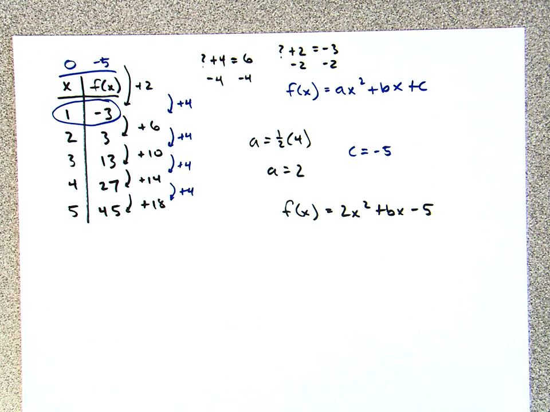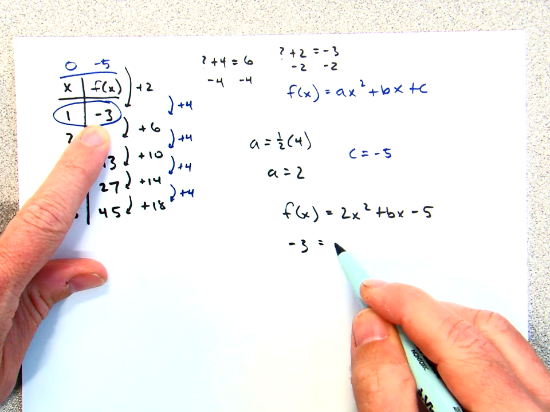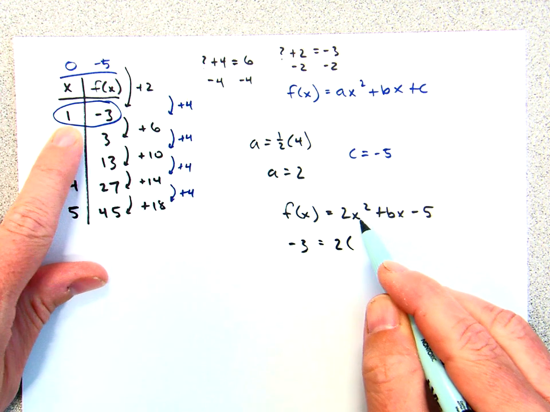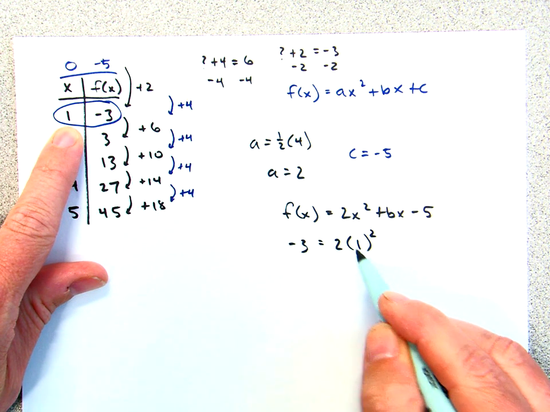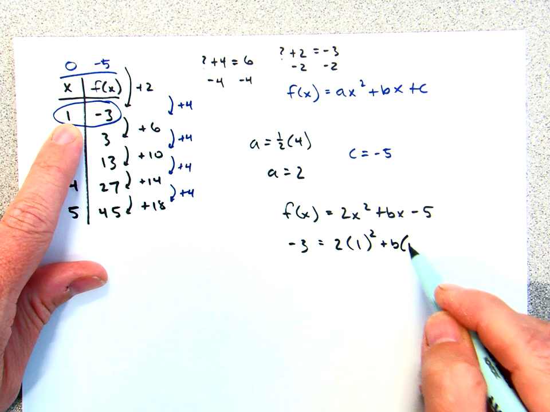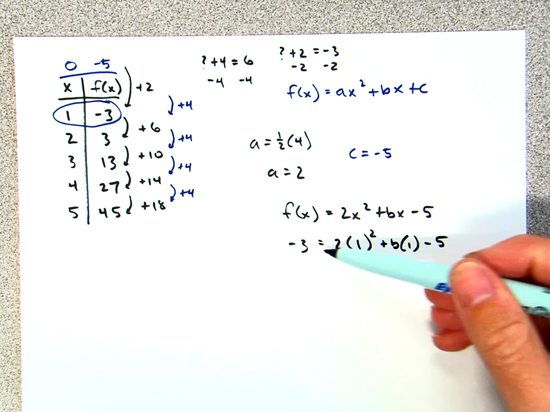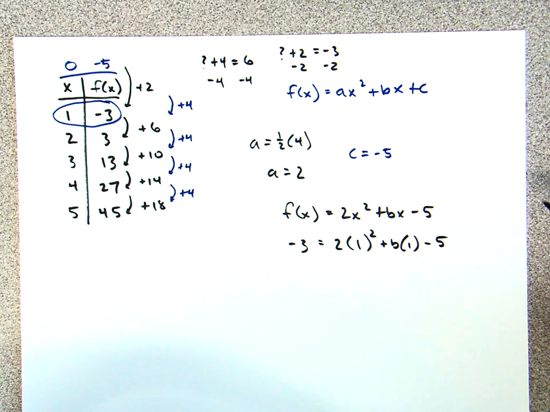Right? So when I take that value and I plug it in, I know that the f of x value is negative 3 when the x value is 1. So it should be 2x squared plus b. I'm plugging in 1 again. Right? Now we're ready to solve for b. We have enough information to make this equation true by solving for b.